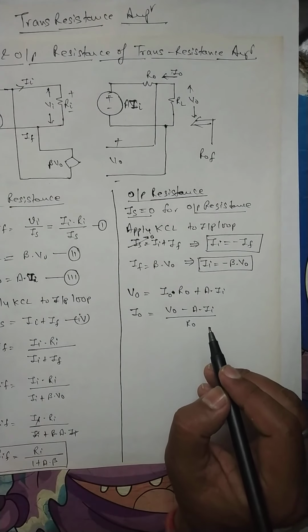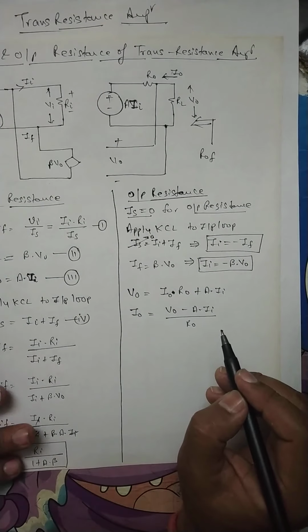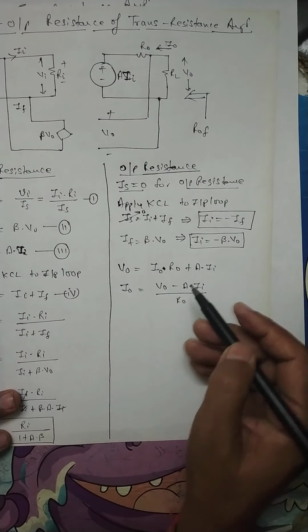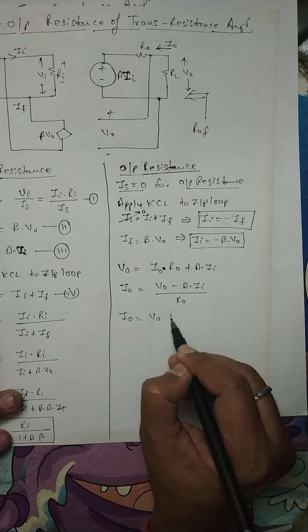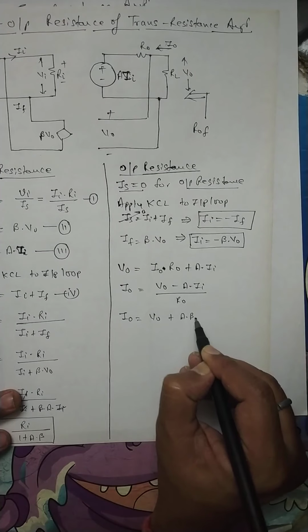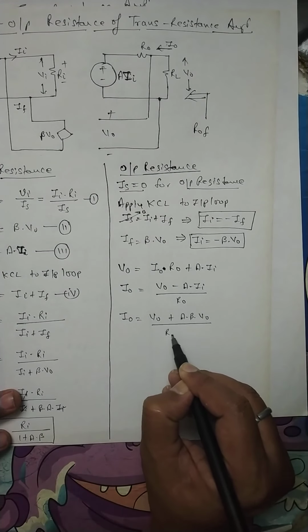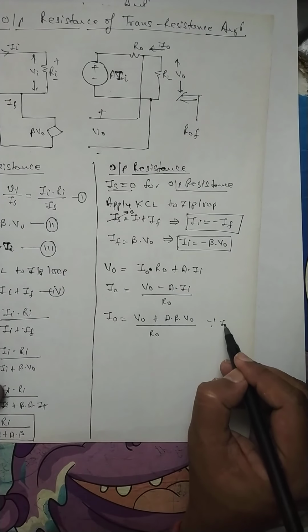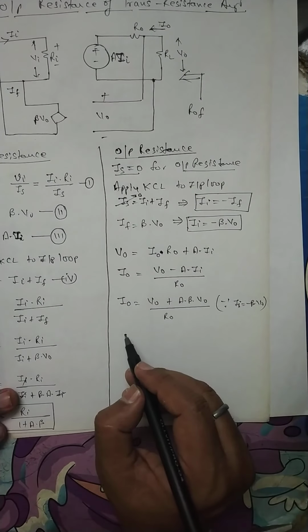And the value of Rof, just putting these values over here, it will become I0 = (V0 + A × beta × V0) / R0, because Ii = -beta × V0.